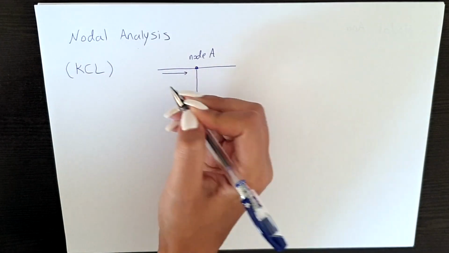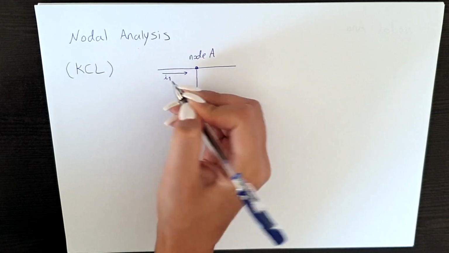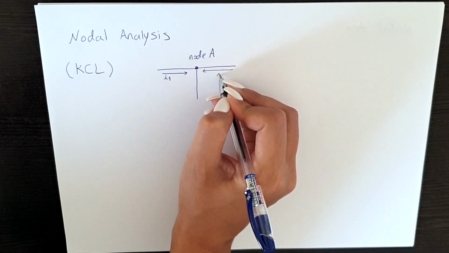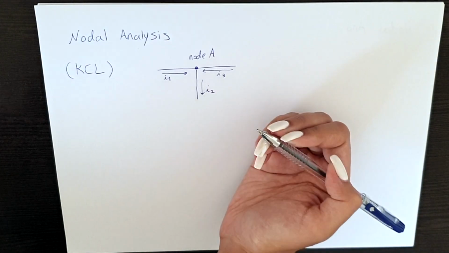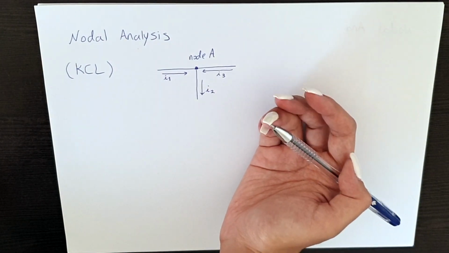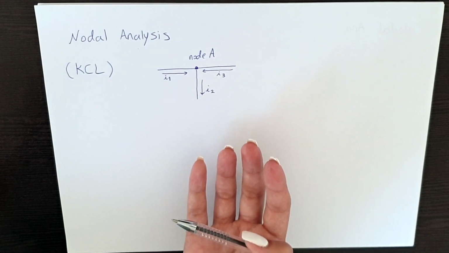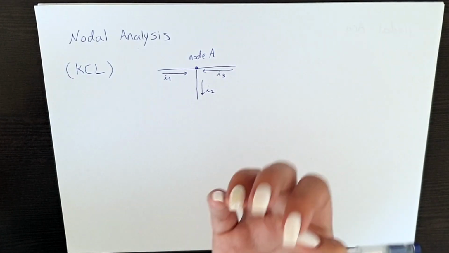Let me explain more. Let's say this one is current 1, current 3, and current 2, exactly with the directions that I draw. First of all, we need to define a convention for ourselves. There is no rule.